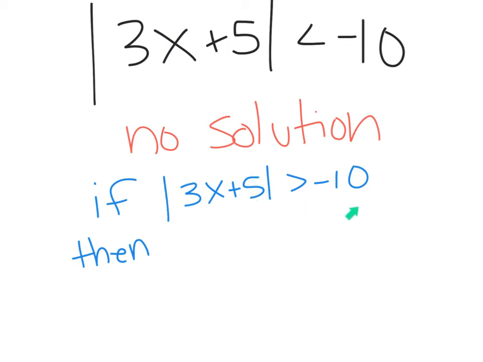All positive numbers are greater than negative 10, right? So since all positive numbers are greater than negative 10, then it's all real numbers. So if your absolute value is already isolated and you have a negative on the right hand side, then either your answer is no solution or it's all real numbers. And it just depends on which way the symbol is facing, right? So it's never going to be less than a negative number, but it's always greater than a negative number.